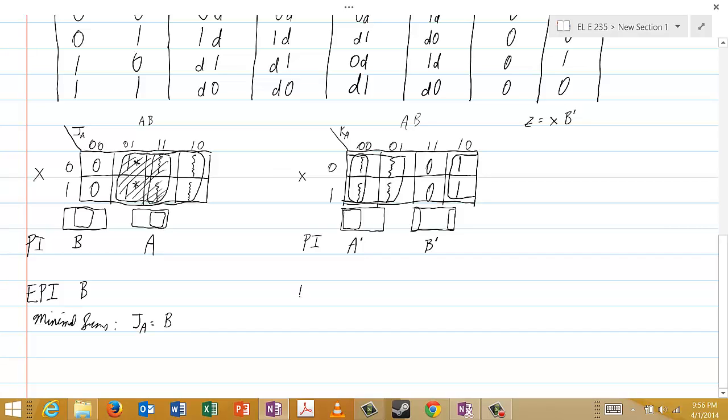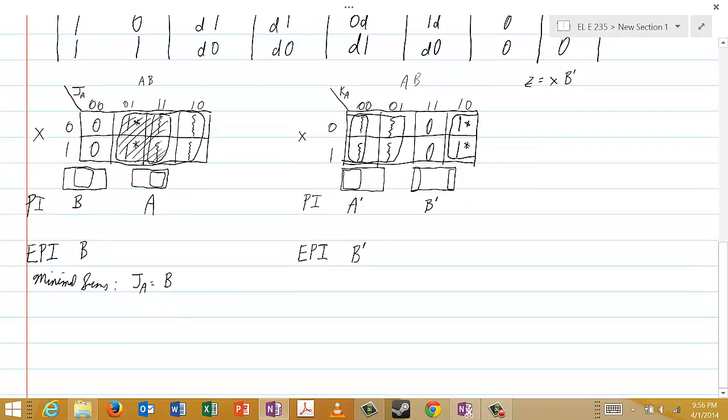So now we look for essential prime implicants. We can make this quick. We know that these are the only two essential one cells. So that means that B prime is the only essential prime implicant.